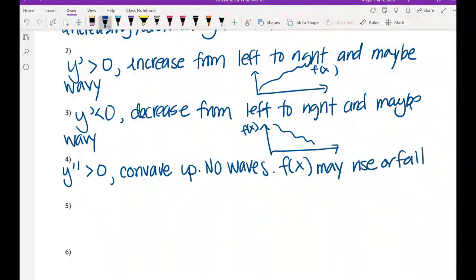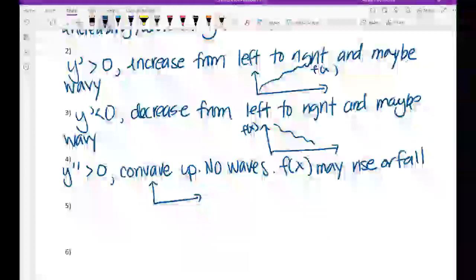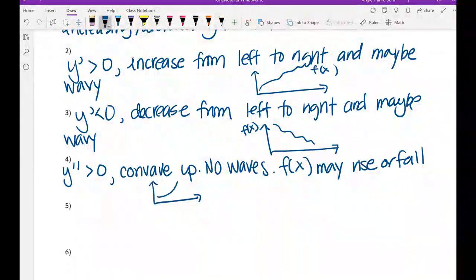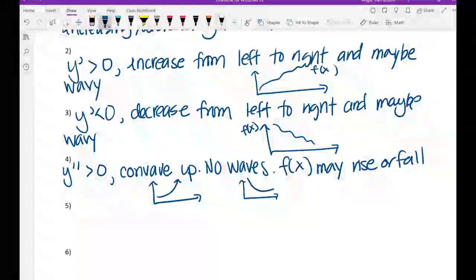What does that mean? Here's an f of x function that's concave up and increasing, as you can see. And then it can also be concave up but a decreasing function.